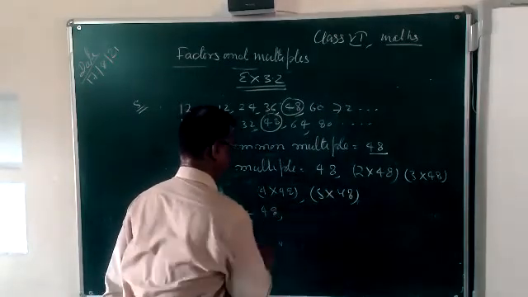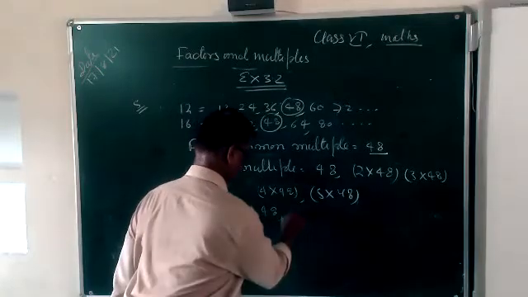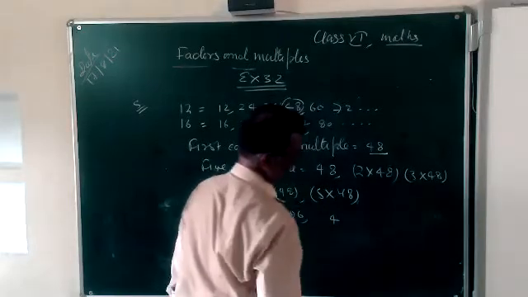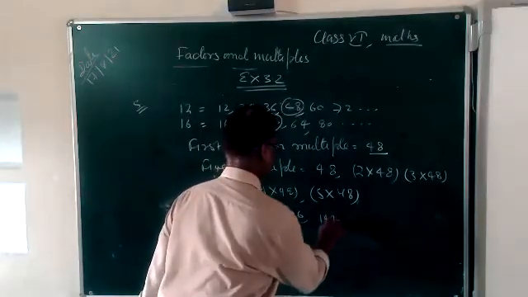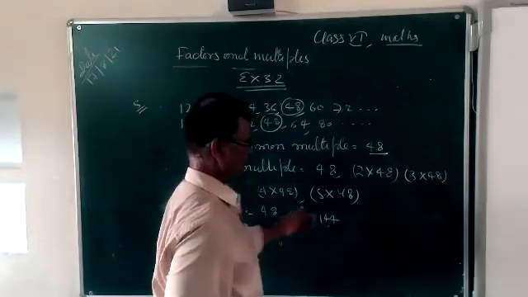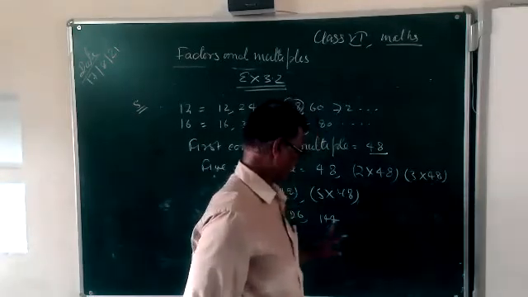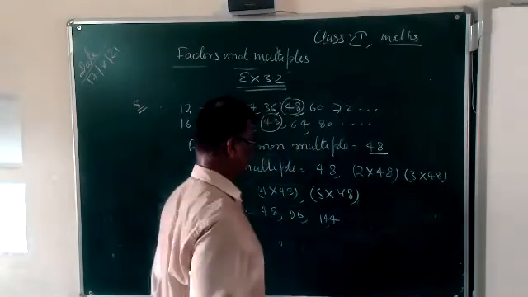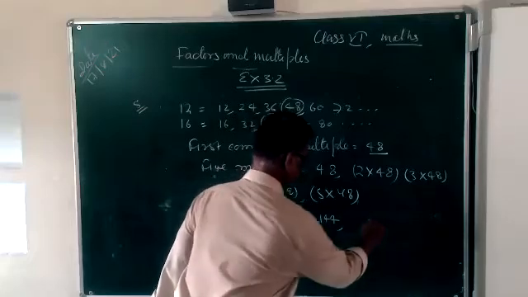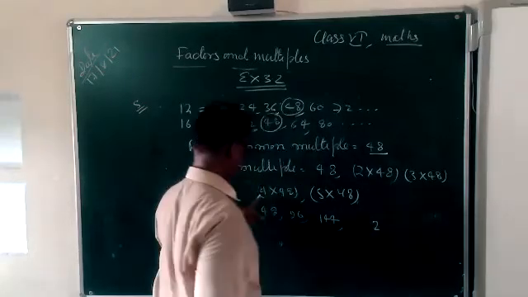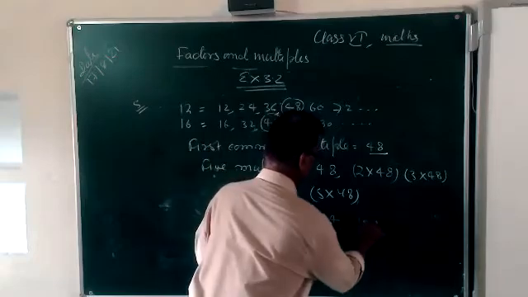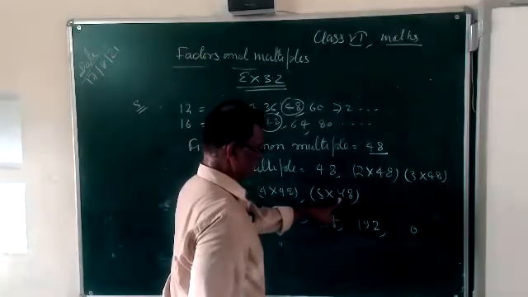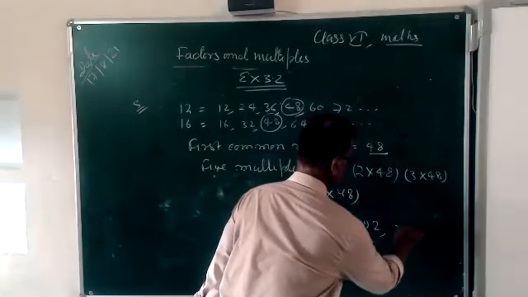You can find only 1, then multiply by 2, 3, 4, 5. 96, 144, 192, 240.